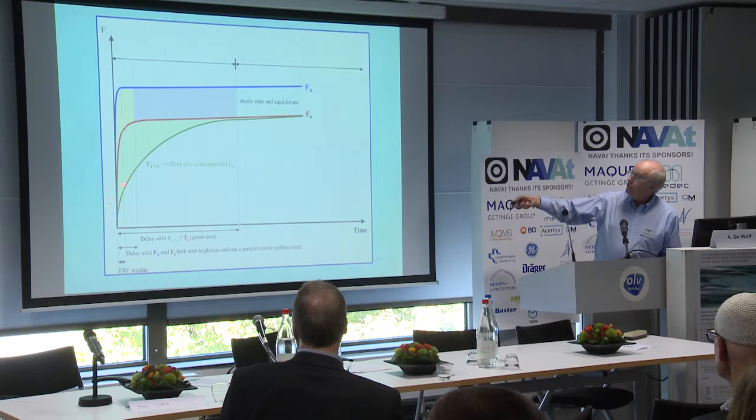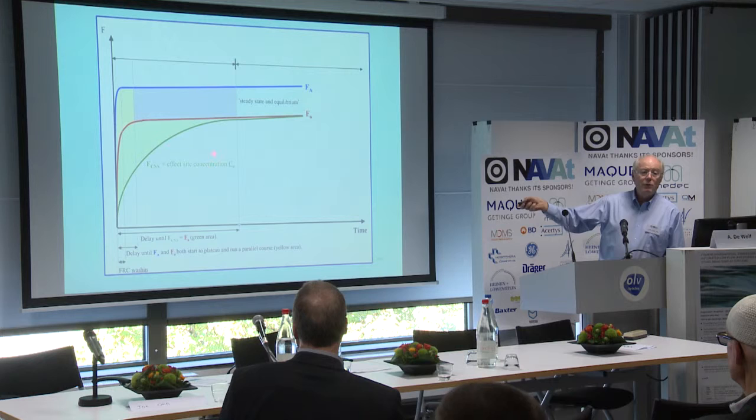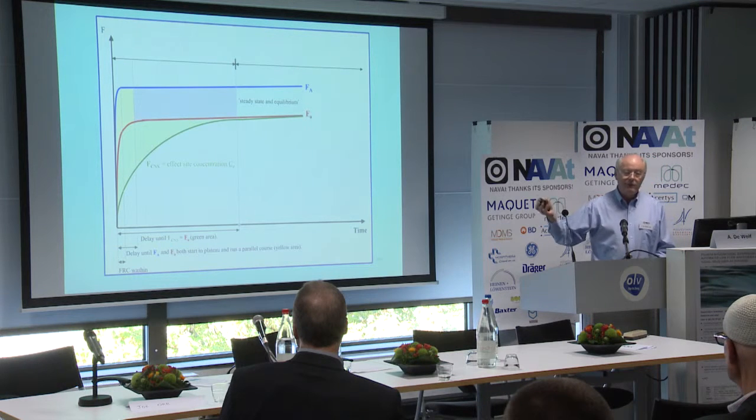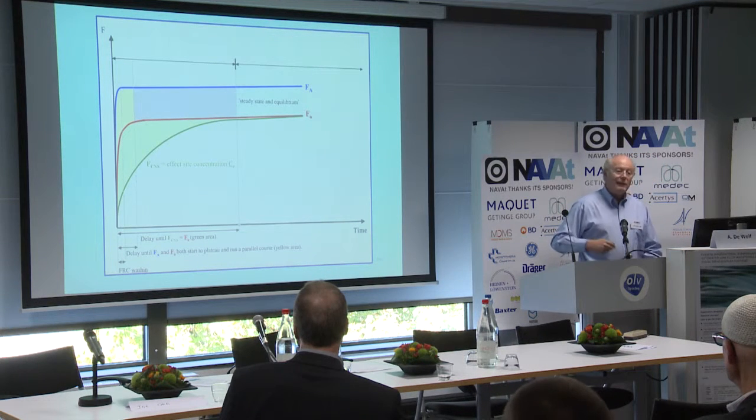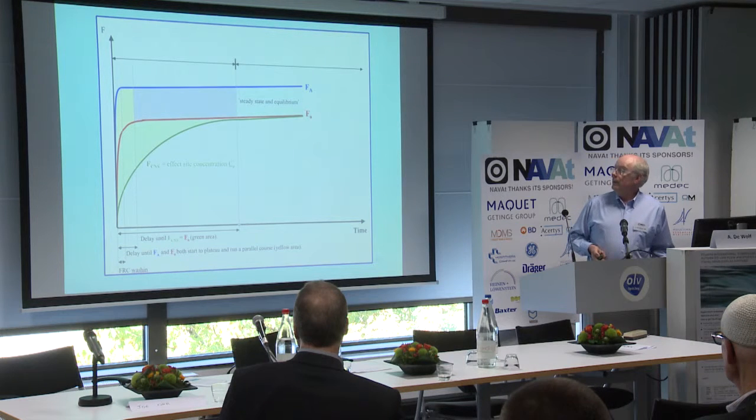And the rate of rise in the CNS is determined by the time constant, in this case of the CNS. And that time constant is different for sevoflurane than for desflurane. So if the green curve is the one for desflurane, then the orange curve is the one for sevoflurane.